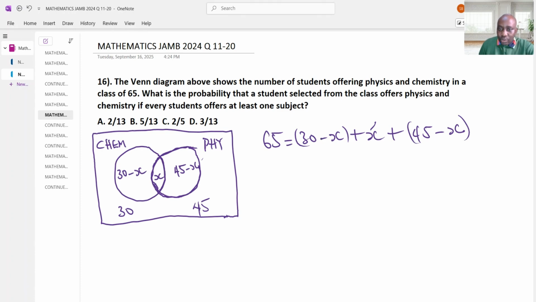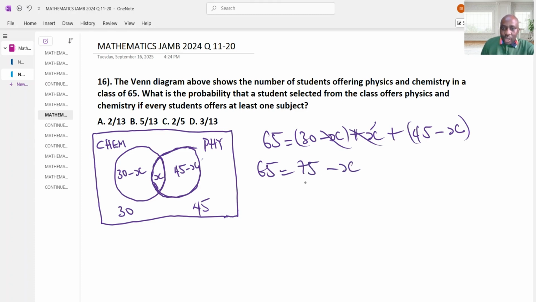Minus X and plus X cancel each other out, so we have 30 plus 45 left. 65 equals 30 plus 45, which is going to give us 75 minus X.